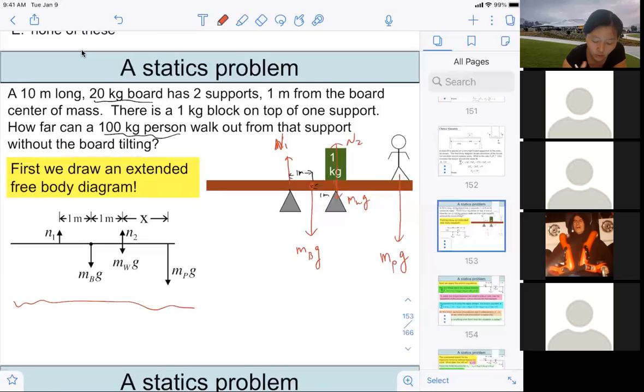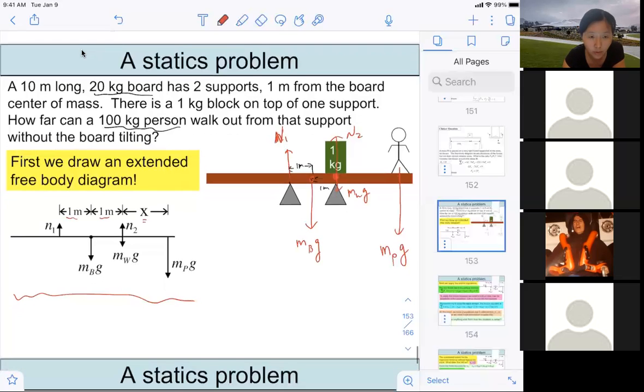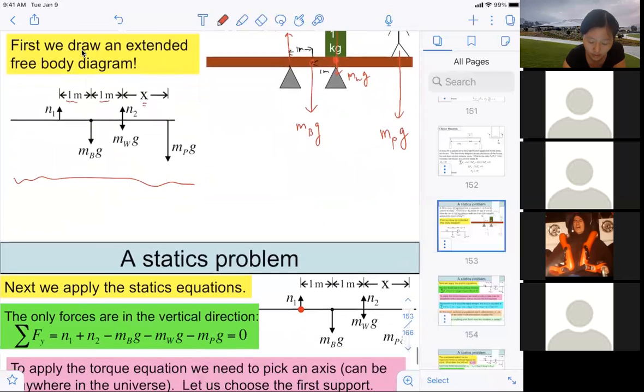You can translate your diagram over and also by adding the distance between them. And also we're trying to figure out how far this person can walk without the board tipping over. So the distance between the 1 kilogram and the person is, we're going to call it distance x. And we're going to try to find out what x is. Okay. So now this is our free body diagram, and we labeled all the forces and all the distances.